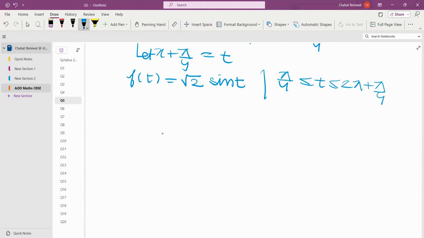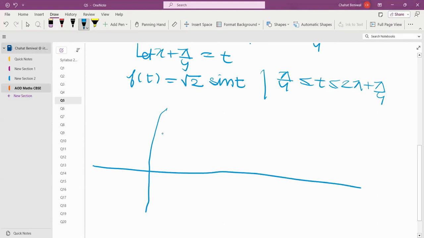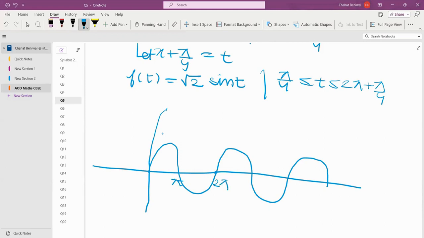Let me try to analyze this visually. Since I know t is positive only, I'm going to consider this side only. This is pi, this is 2 pi, this is 3 pi, and this gap will be pi by 2.